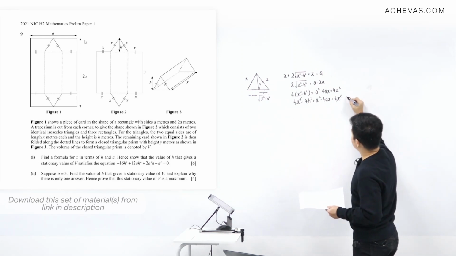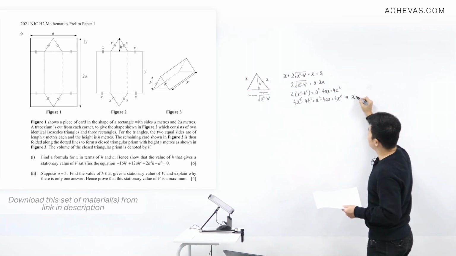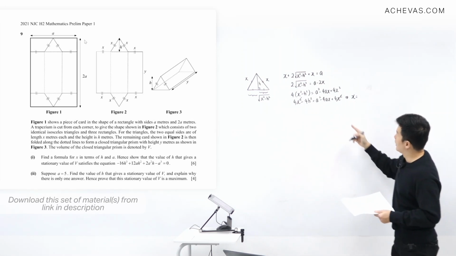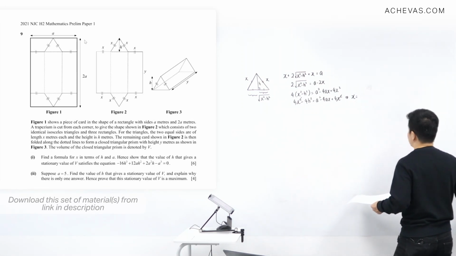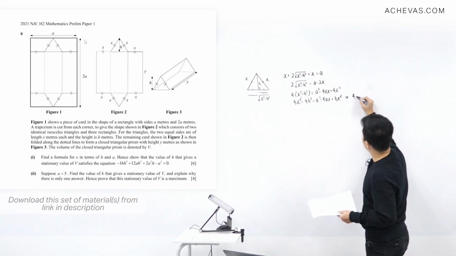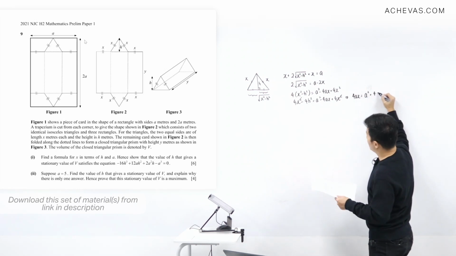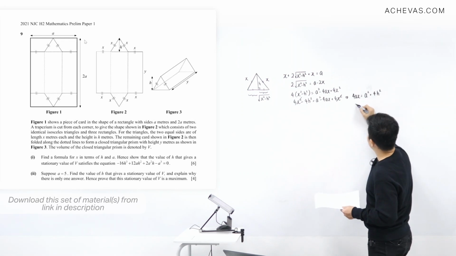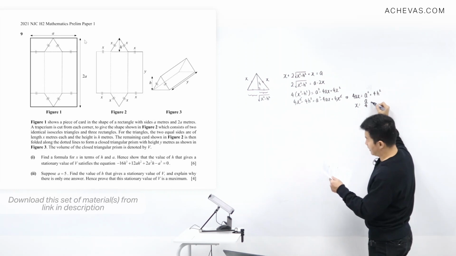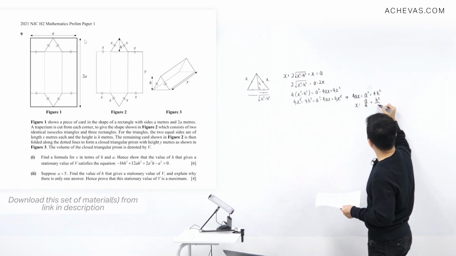So now I can make X the subject. Let's do it step by step. So from here, we have 4AX is going to be equal to A squared plus 4H squared, which means that X is going to be equal to A over 4 plus H squared over A.